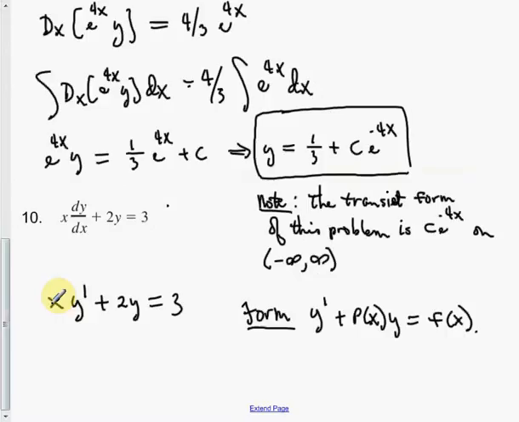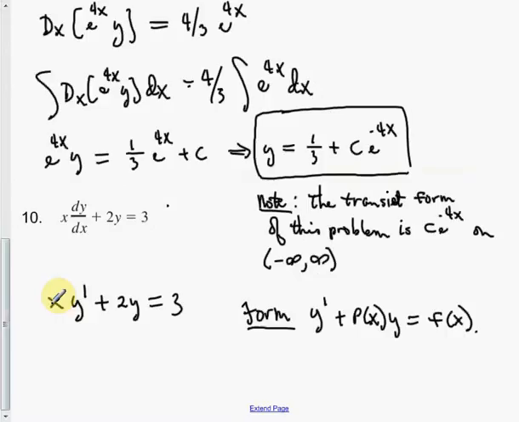If that happens, we call that a special case of the linear function. We call that a Bernoulli equation. It could be Bernoulli or it could be Riccati or some other form. But here for the basic linear equation, you want this y to be to the first power.